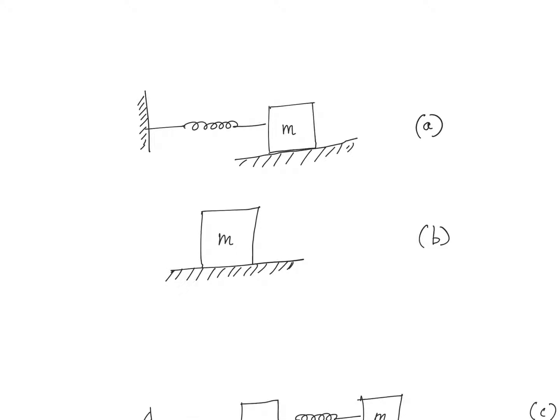By initial excitation I mean an initial displacement or an initial velocity. If I give an initial velocity or initial displacement to system B, then it won't vibrate because there is no stiffness here.